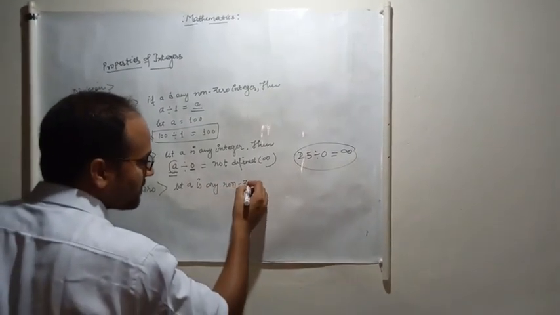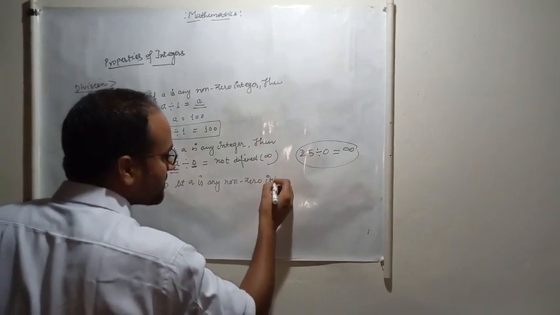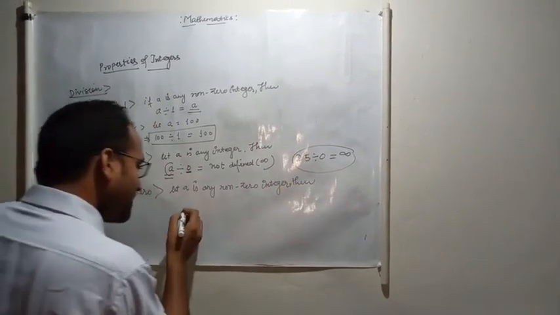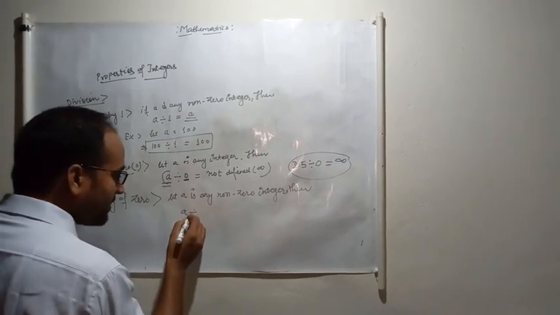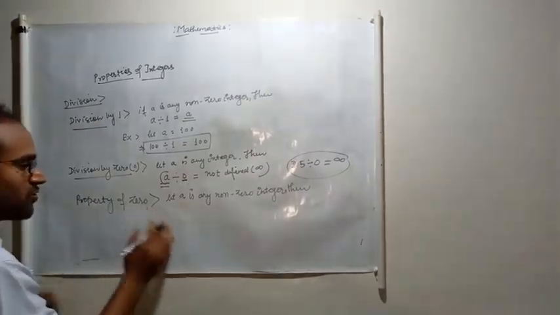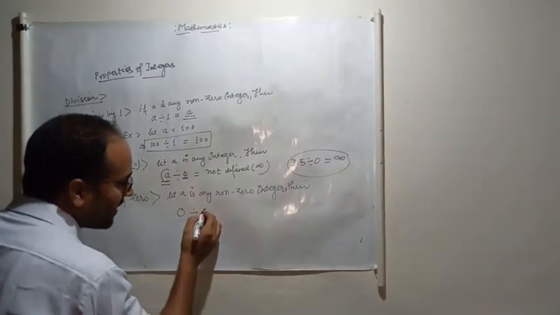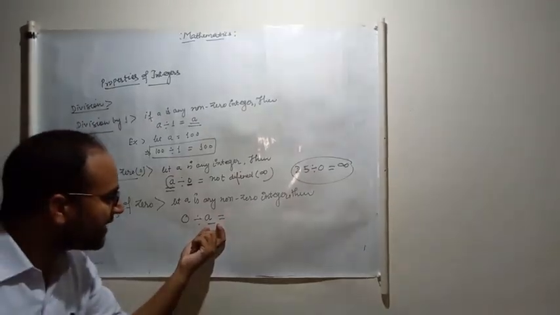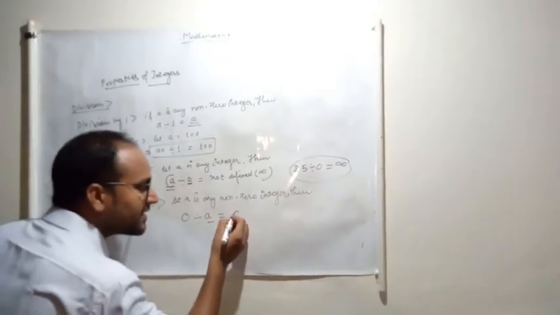Property of 0 means that let a be any non-zero integer. If 0 is divided by any integer, then you always get 0.